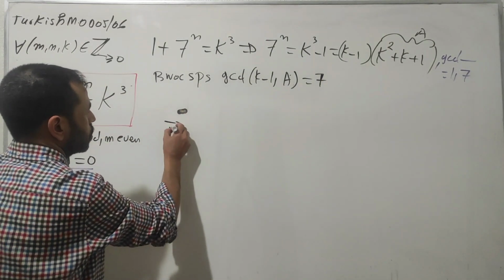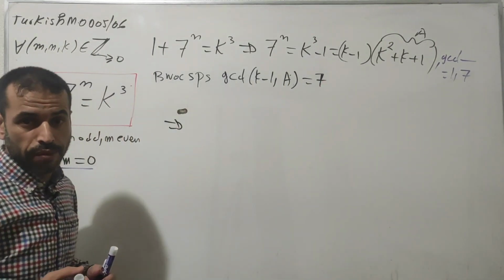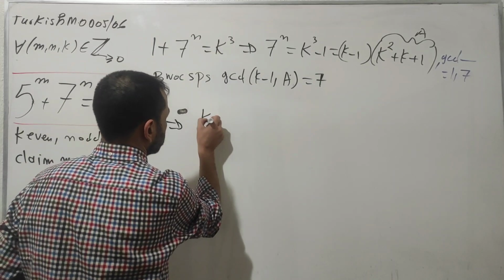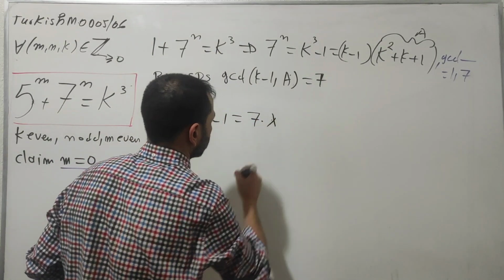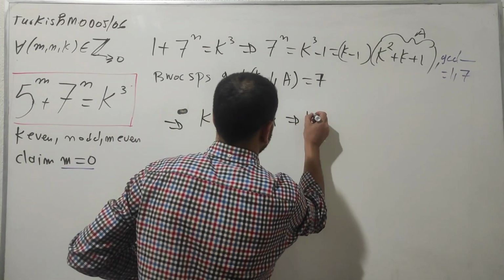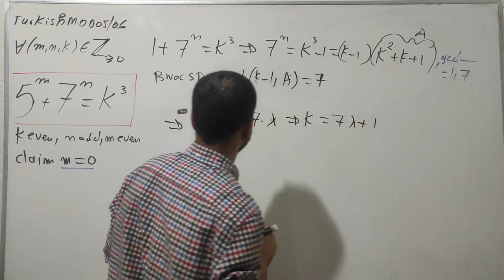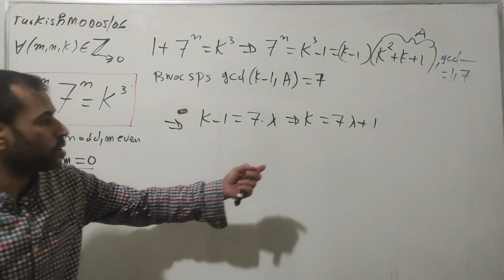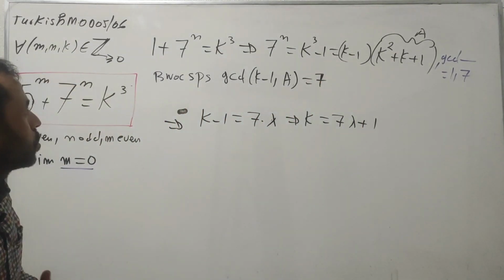Which means each term of this product must be a multiple of 7, so k minus 1 equals 7 multiplied by lambda, which gives k equals 7 lambda plus 1. I'm going to take this value of k and insert it back into this product to see the next expression.